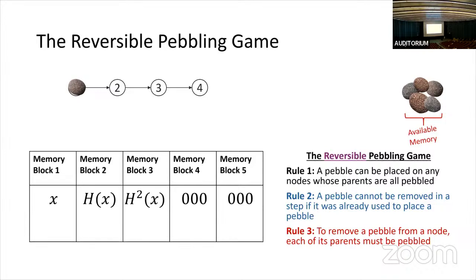So because we have node 1 pebbled, we can place a pebble on node 2, and so on, until we've finished the computation. So placing a pebble on that last node corresponded to evaluating the function. And then we have to uncompute, which corresponds to removing these pebbles, which we can do simply, and we're done. So that's a reversible pebbling.